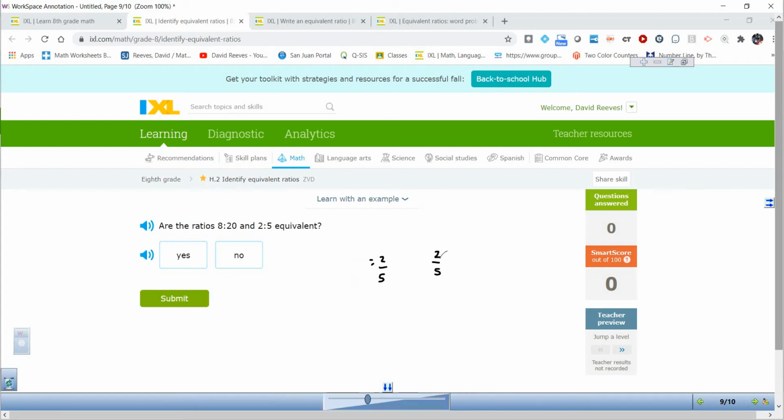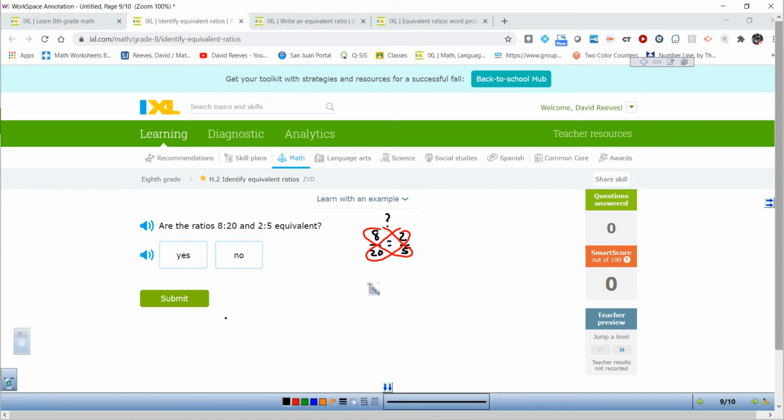Let's look at a couple other ways we can see that these are equivalent. If you write them as fractions right next to each other, we don't know if they're equal, so I'm going to put a question mark like that. But if they are equal, there's this neat process called cross multiplication that will confirm it.